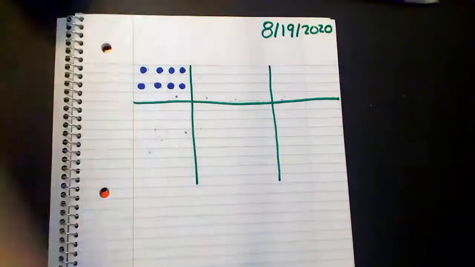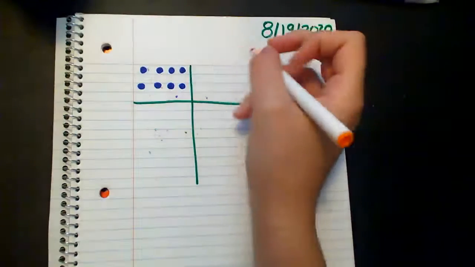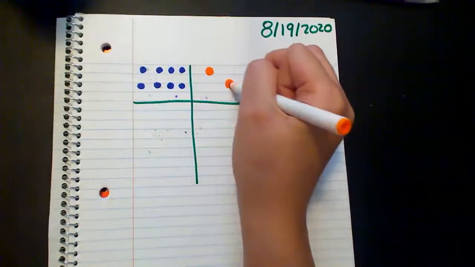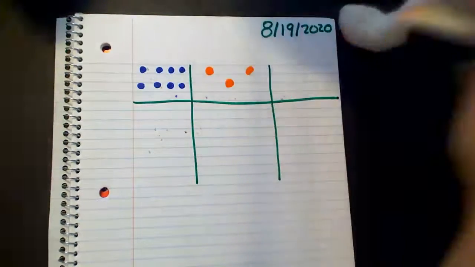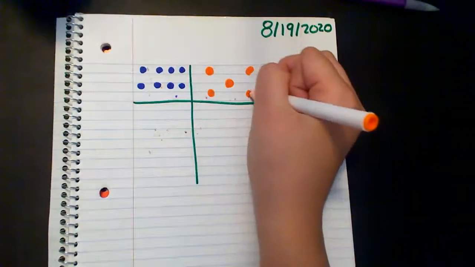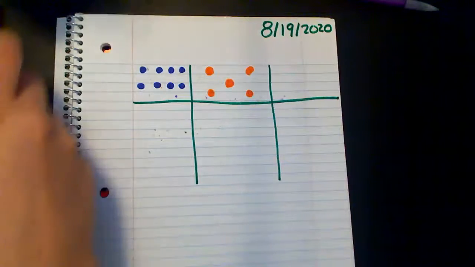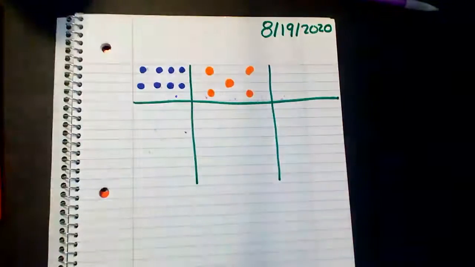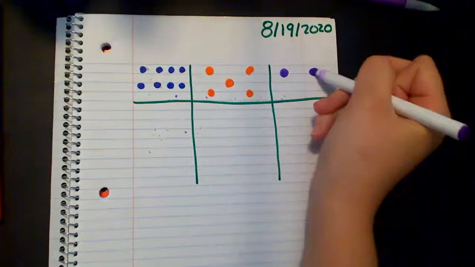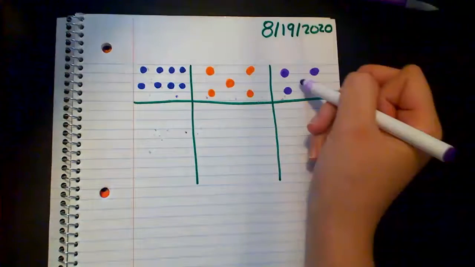And now let's go ahead and put in a couple orange Skittles. 1, 2, 3, 4, 5. Okay. And now for our last one, let's put in some purple Skittles. 1, 2, 3, 4, 5.